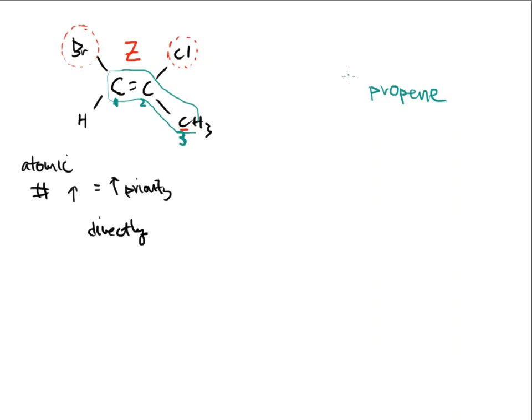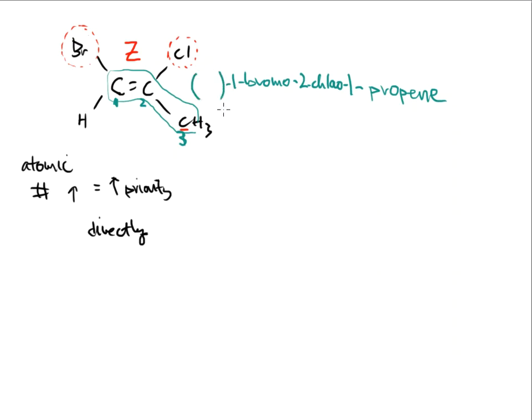So on carbon number 1, I have the ene group. On carbon number 1, I also have a bromo group. So 1 bromo. On carbon 2, I have a chloro group. So 2 chloro.